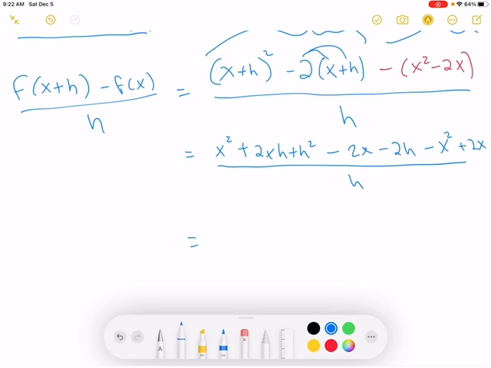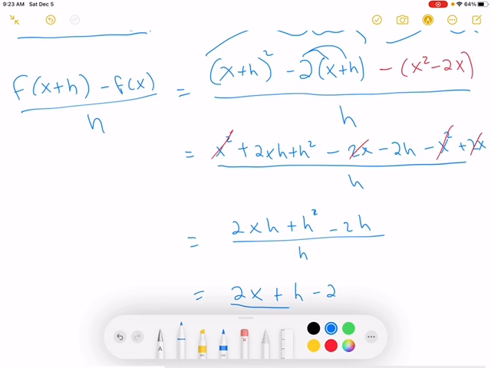This is what's going to happen a lot of the times. These will cancel. Negative 2x plus 2x cancels. And then h's cancel, and then h squared over h is just h, and this is what we have.